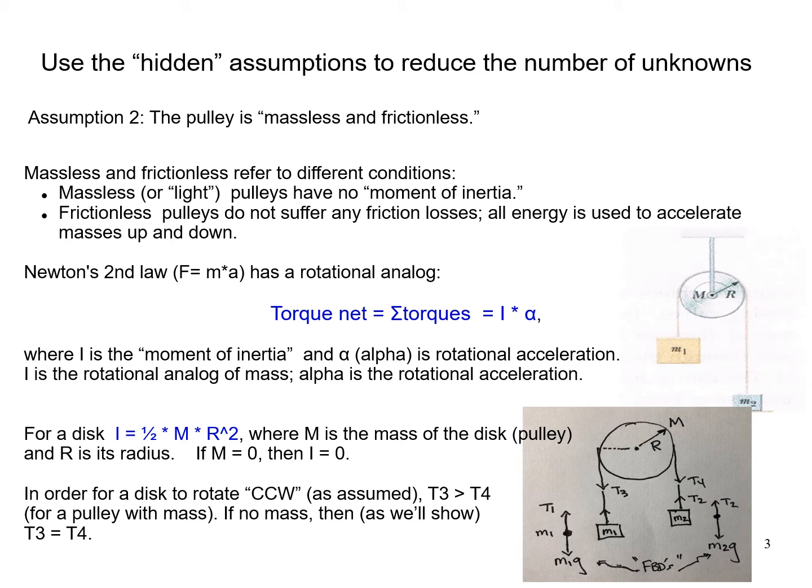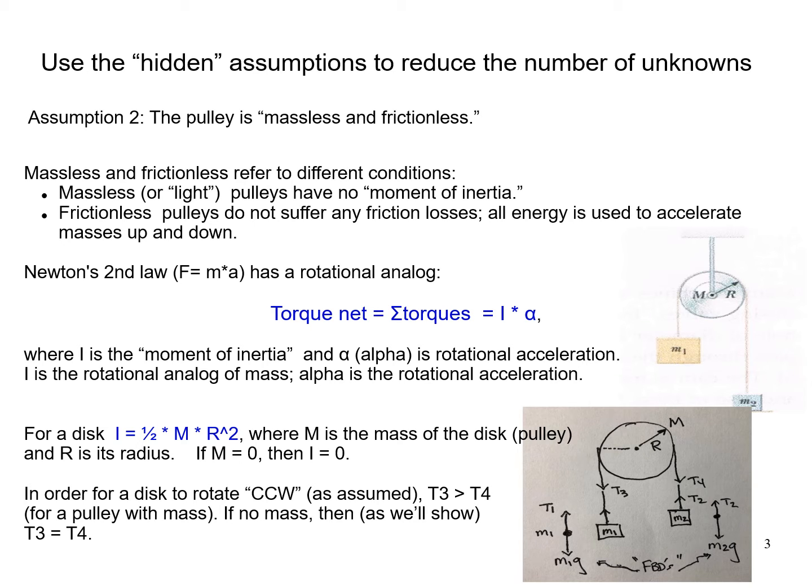And finally, there is a rotational analog to Newton's second law. That is, net torque equals the sum of the torques, which equals the moment of inertia times rotational or angular acceleration. Here we'll use the capital Greek letter tau to represent torque, the letter I to represent the moment of inertia, and the Greek letter alpha to represent angular acceleration.